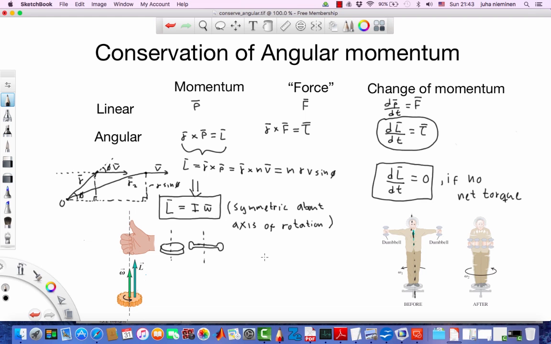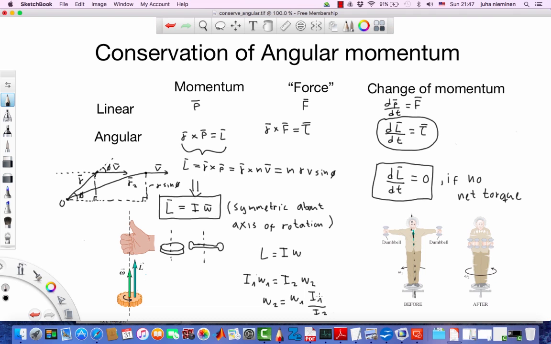So he has at any given time angular momentum which is the product of the moment of inertia and angular velocity. This product now stays constant, so I1 omega 1 is the same as I2 omega 2, and we can solve for omega 2 to be omega 1 times I1 divided by I2.